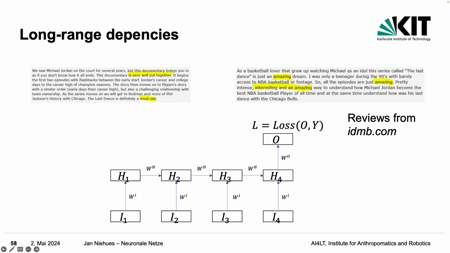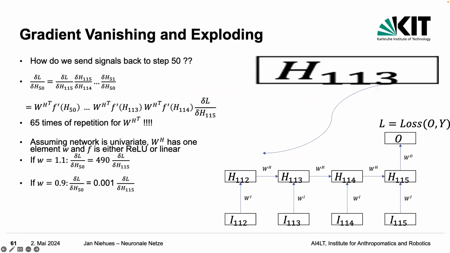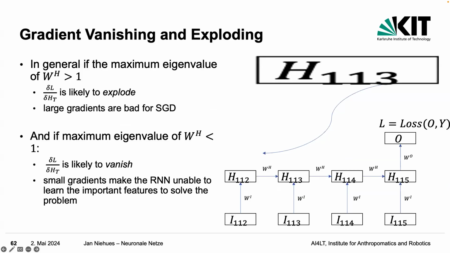If we want to do that with a standard recurrent neural network, the problem, if we look at the derivations, is that we have this matrix WH, which connects hidden states. We have it very often occurring in the derivation. So if this weight is a bit higher than 1, then we have very high gradients and we might not have good learning. If we have it a bit lower than 1, we have very low gradients, and we also cannot do successful learning. And this is a major challenge of RNNs in general.